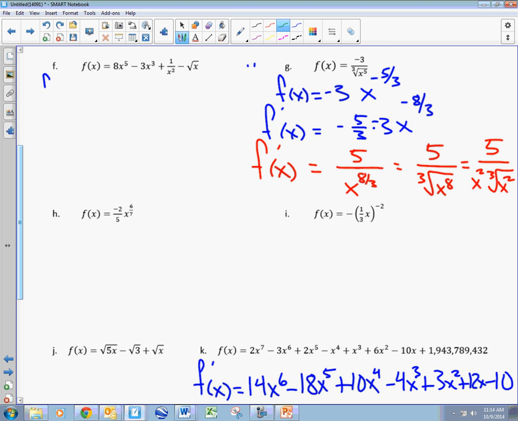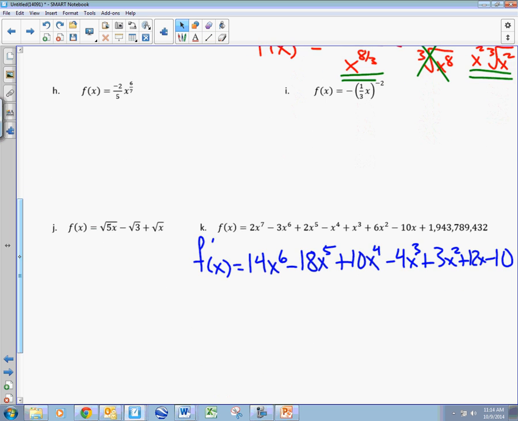This is acceptable. This is not. Because negative 5 thirds minus 3 thirds gives you negative 8 thirds. Because it was negative, I moved it to the denominator.